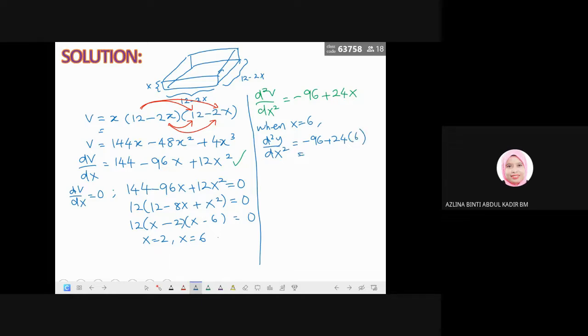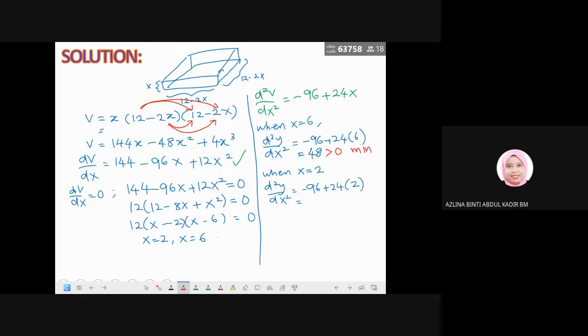Use the calculator. What do you get? 48. Positive. When X equals 6, we get 48, greater than 0. So positive is a smile, and a smile means minimum.